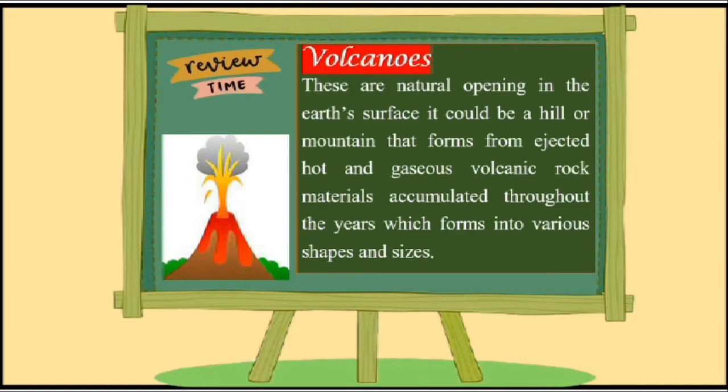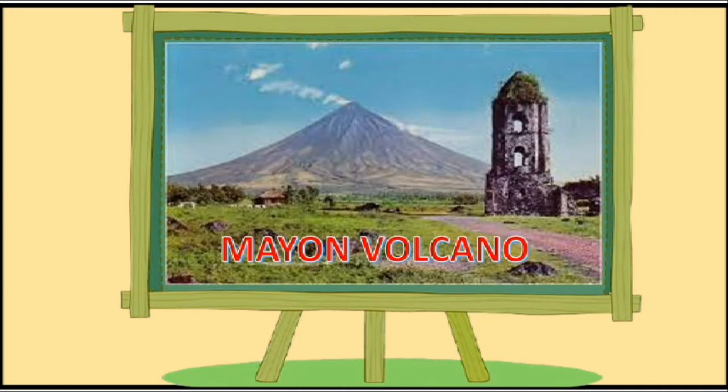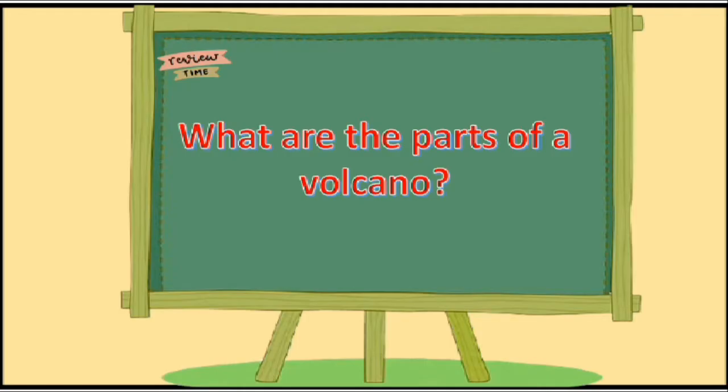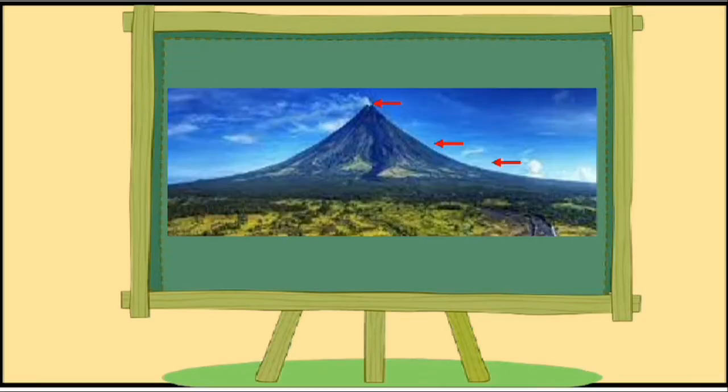One example of a volcano is Mayon volcano in Albay. It is known for its nearly perfect cone. Next, what are the basic parts of a volcano? Do you still remember it? Very good! The basic parts of a volcano are base, slope, and summit.